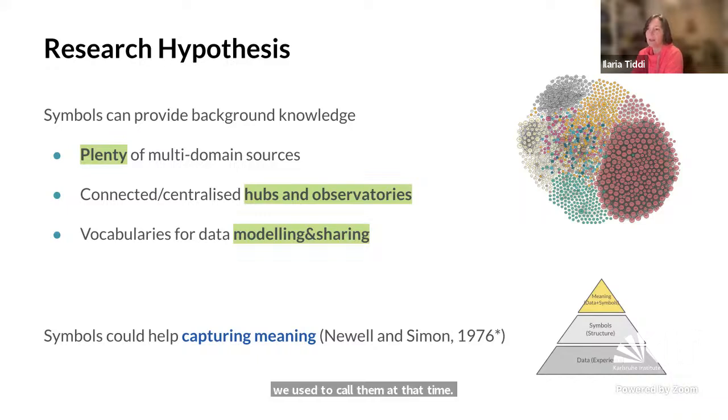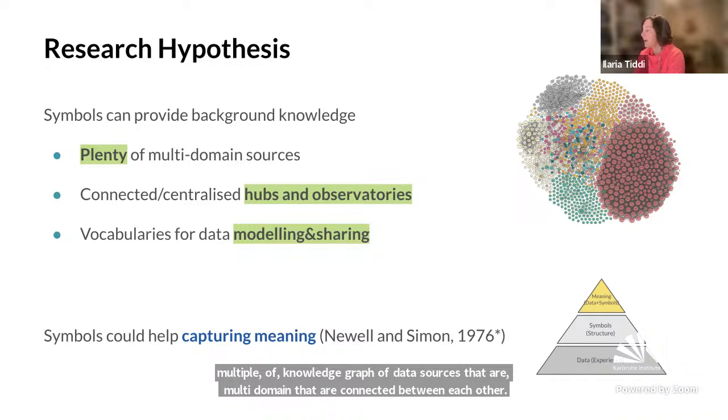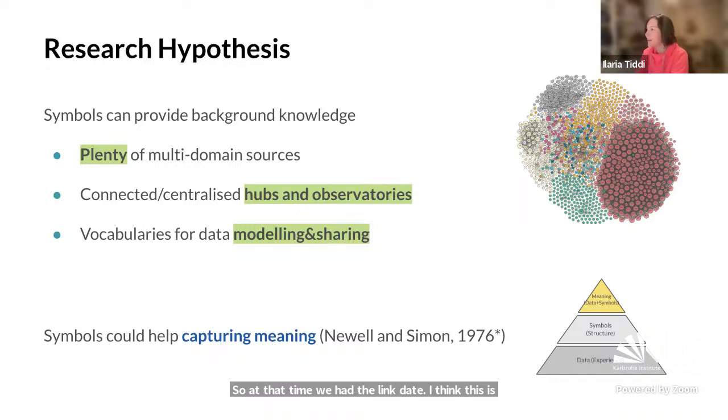The idea that we had is, okay, if we have plenty of knowledge graphs, of data sources that are multi-domain and connected to each other. At that time we had the linked data cloud. I think this picture is slightly later than 2013, but the idea is to have all these connected datasets that point to each other, and then you can serendipitously discover knowledge simply by crawling datasets one after the other.